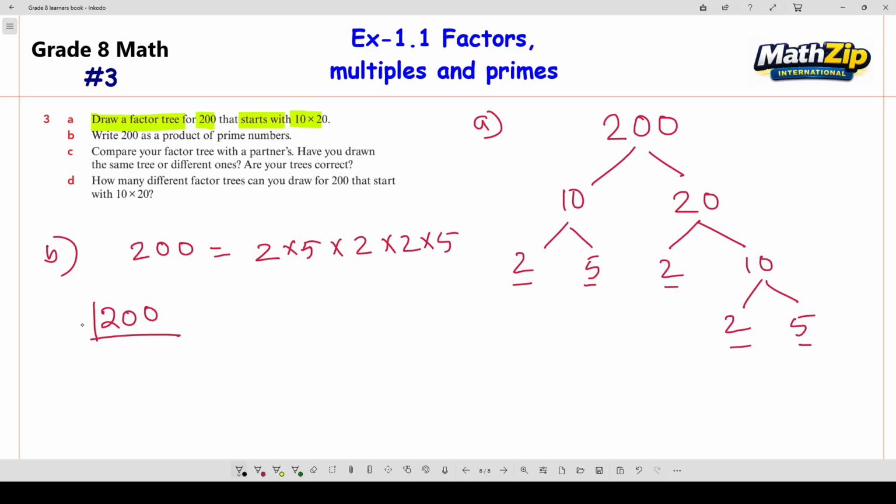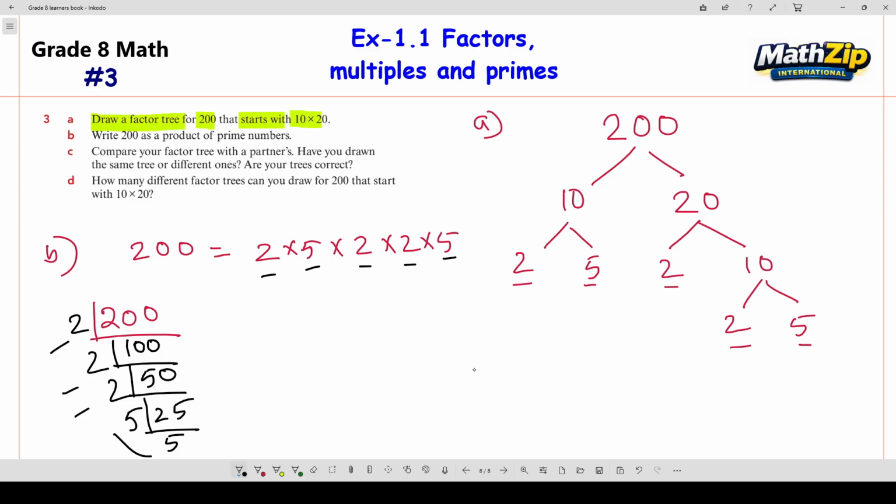Suppose we divide 200 by the lowest prime factor, which is 2, so it will be 100, then 2, it will be 50, 2, 25, and 5 and 5. Look, here is a 2 5, 1 and 2 and three twos, 1, 2, 3, 1, 2, 3, so it becomes similar. Number B is also done.